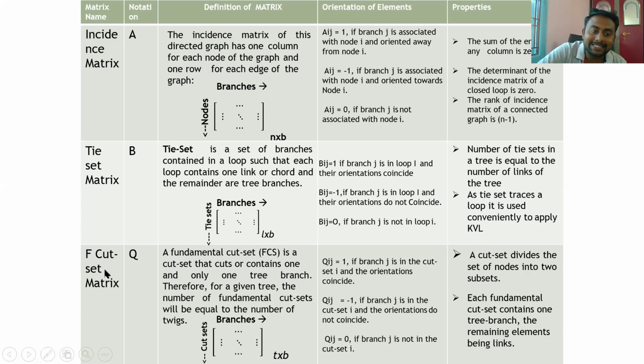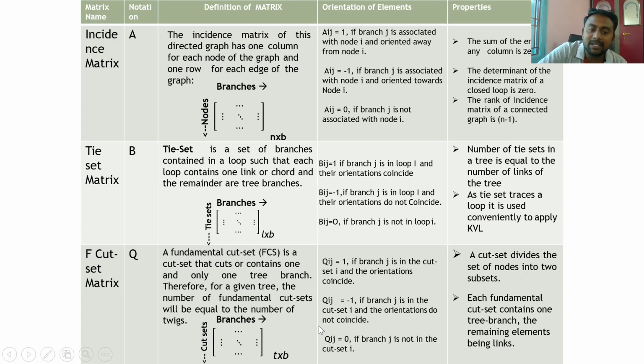The cut set matrix we can represent with the letter Q or C. Whatever it is, I am saying Q. The fundamental cut set matrix is written for the number of cuts versus the number of branches. The number of cuts is always equal to the number of twigs in that network.